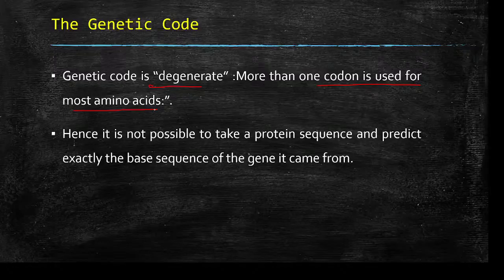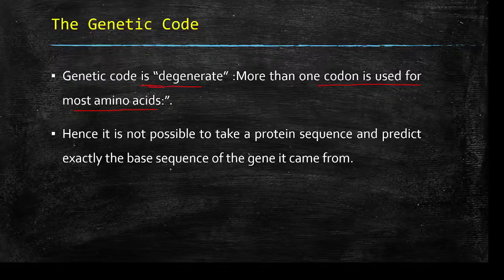Since this genetic code is degenerate, you can't exactly say which codon coded for a particular amino acid. If you take a particular amino acid from a protein, you can't predict where this amino acid has been coded from.